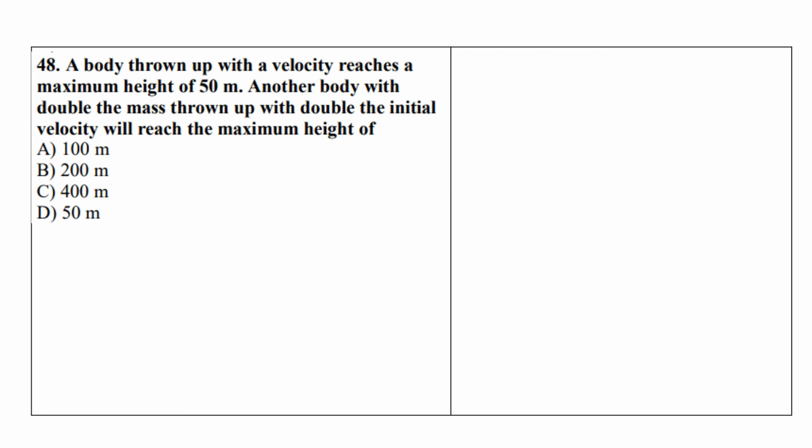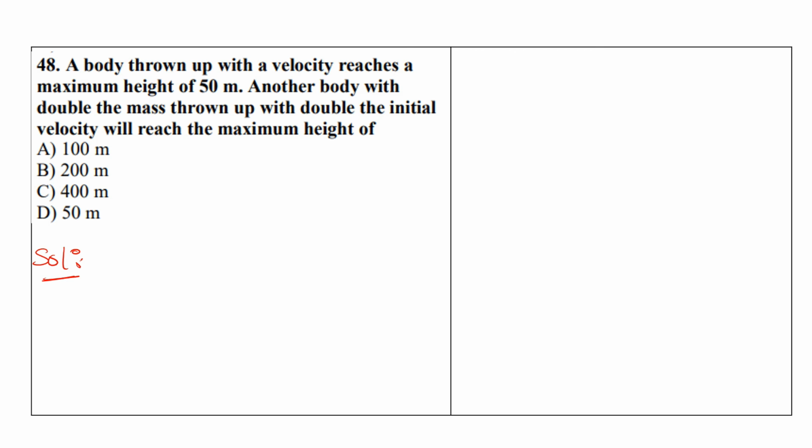A body thrown up with a velocity reaches a maximum height of 50 meters. Another body with double the mass thrown up with double the initial velocity will reach the maximum height of. Let us go to the solution. Here they given the double the initial velocity.